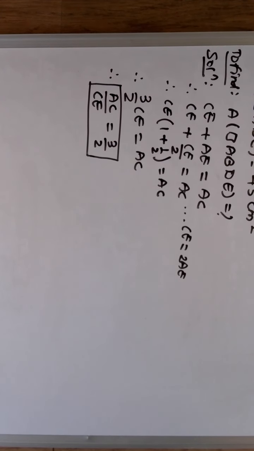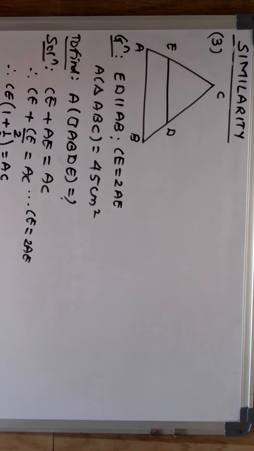Now AC is the side of triangle ABC. See the figure which you have drawn already. And CE is the side of the triangle called ECD. In the given information, it is already told that the area of triangle ABC is 45 square centimeters.